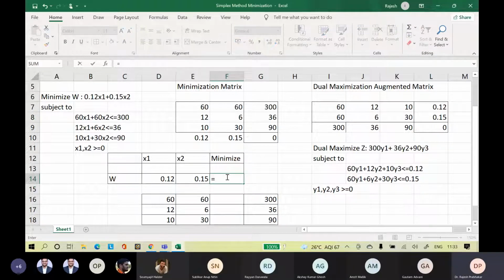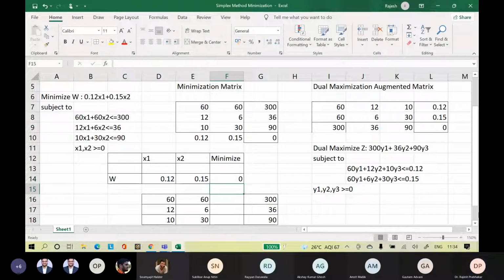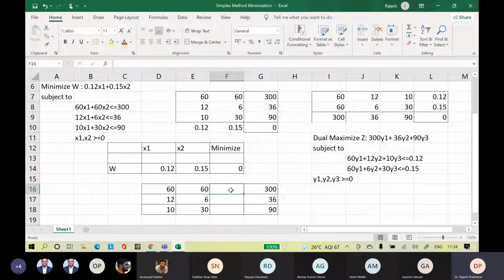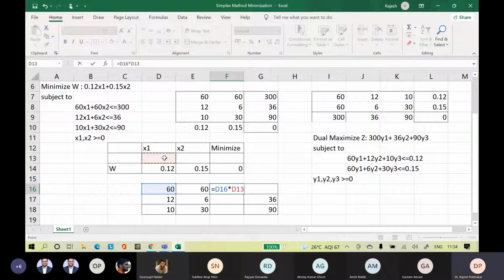So minimize is equal to this into this plus this into this, and then is equal to this into this, plus this into this.